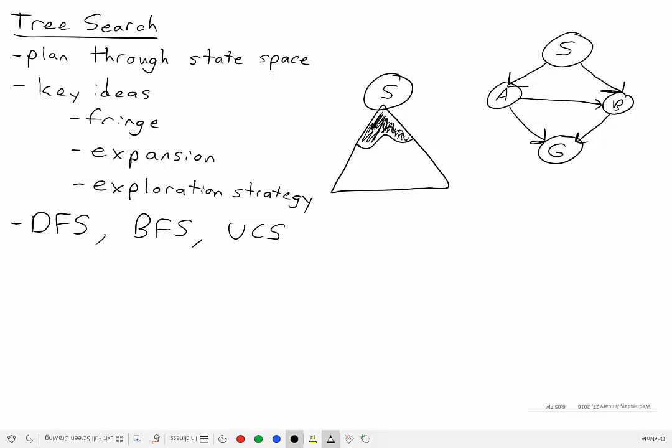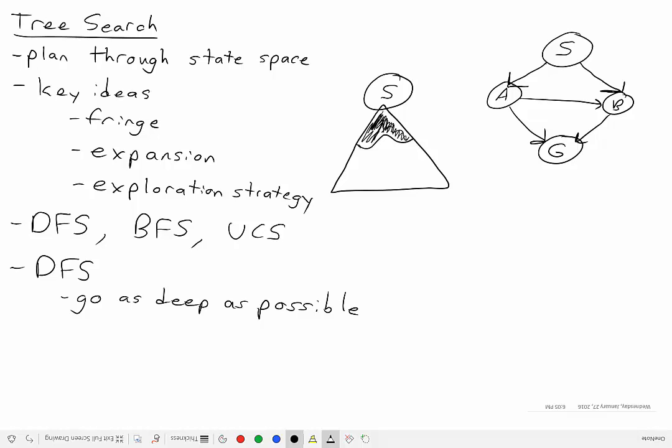Okay, so DFS, which stands for depth first search, you can think of as going as deep as possible when you're doing tree search.